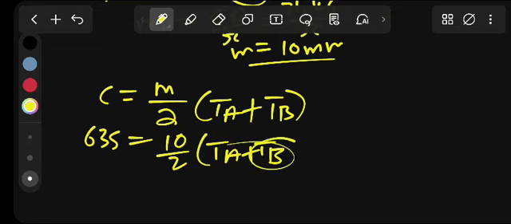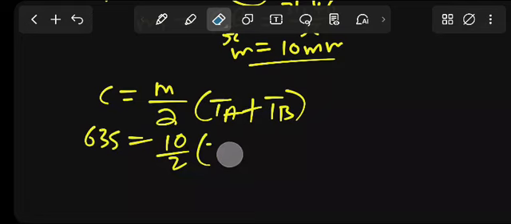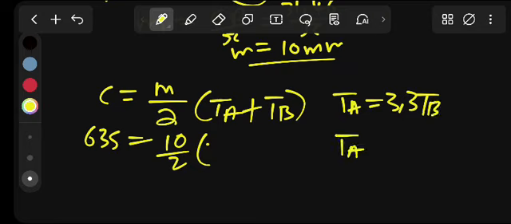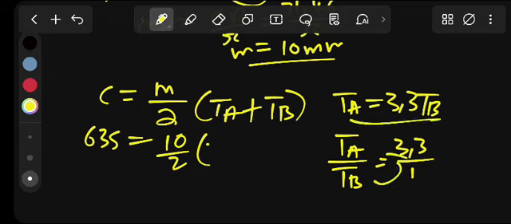So let's try and fill this up. Let us make a ratio. TA will simply equal 3.3 TP. Why? Because TA over TP is 3.3 divided by 1, so multiplying by the pinion, you'll have this.